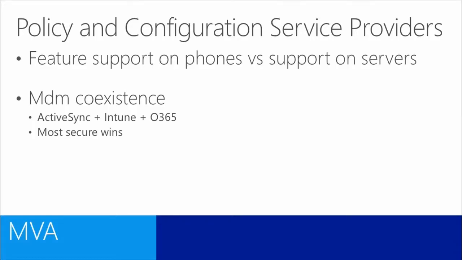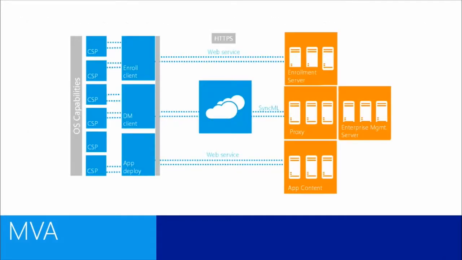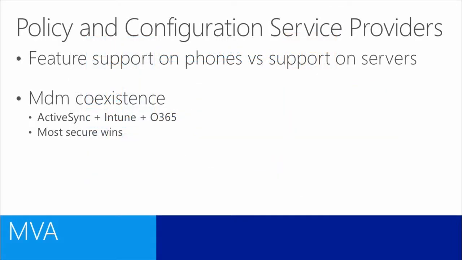Moving on, we've talked a little bit about OMA-DM being open and who supports what. It is an industry standard, but that doesn't mean every device and every server supports every CSP. There are a lot of them, and it's going to be pretty much public as to who supports what.